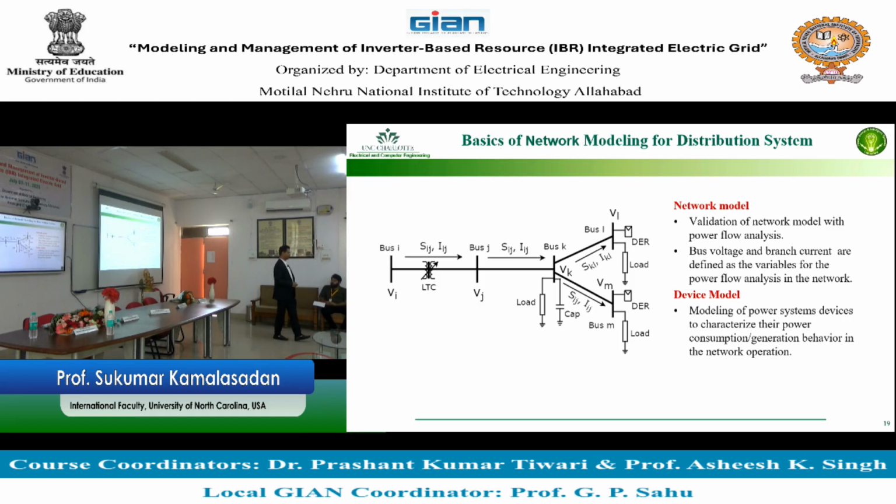Another type is also a tap transformer, which is used to regulate the voltage, looking at the voltage on the load side and regulating the voltage on the source side.